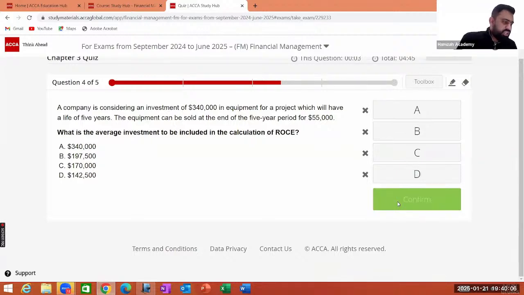Now you need to calculate the answer. I'm waiting for your answer. What is the average investment to be included in the calculation of ROS? You need to calculate average investment. Please tell me, what is the average investment?